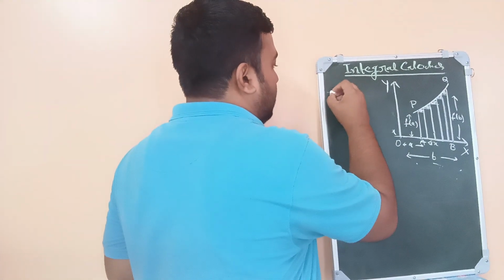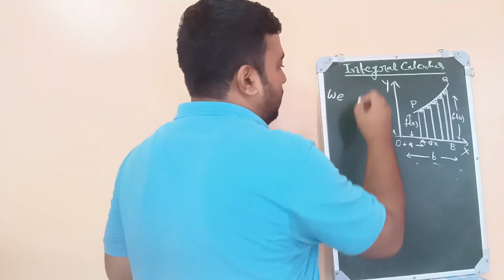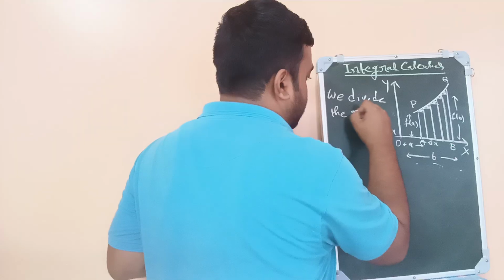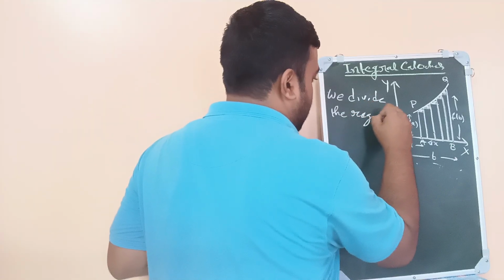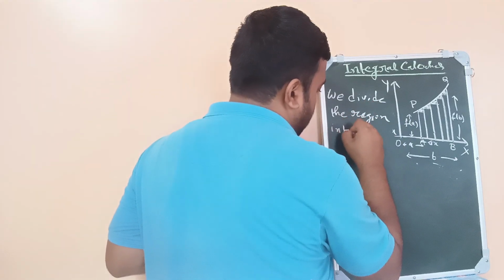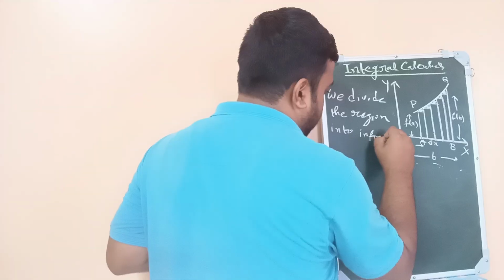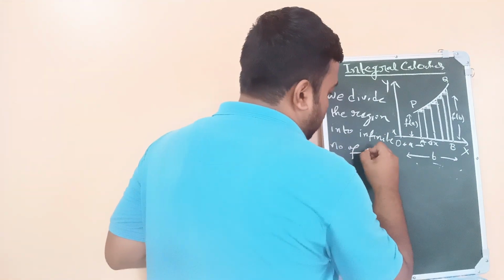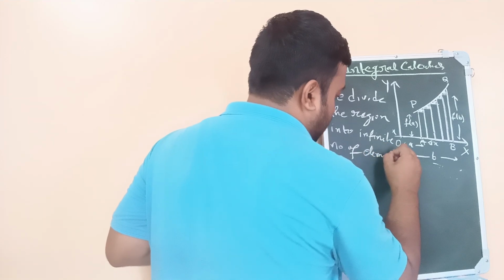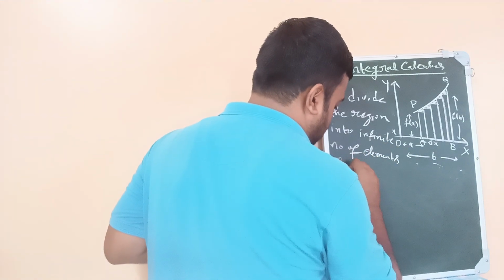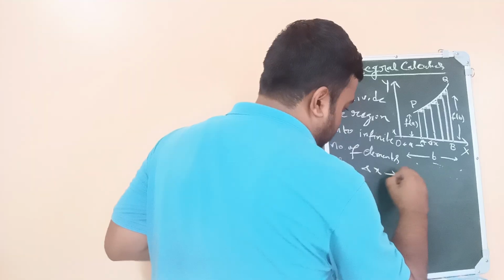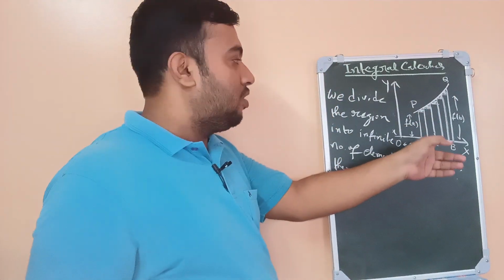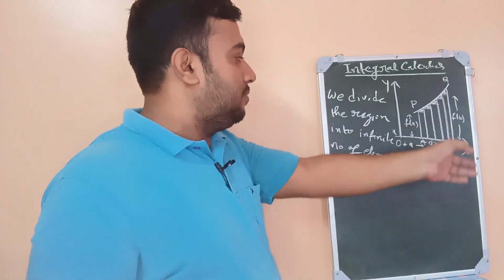Now if we divide the region into an infinite number of elements, then delta x turns out to be 0.